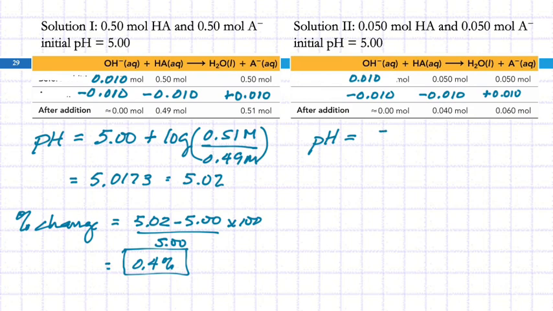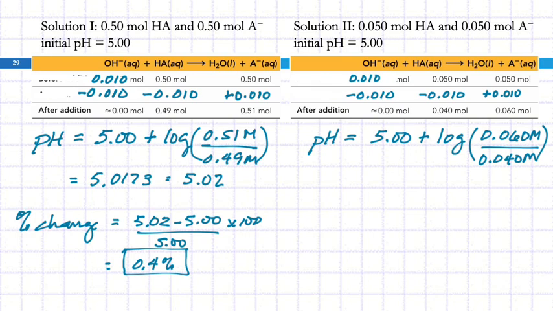So again, the pH is equal to 5 plus the log of the base divided by the acid concentrations. There the pH is now 5.176, to be 5.18.